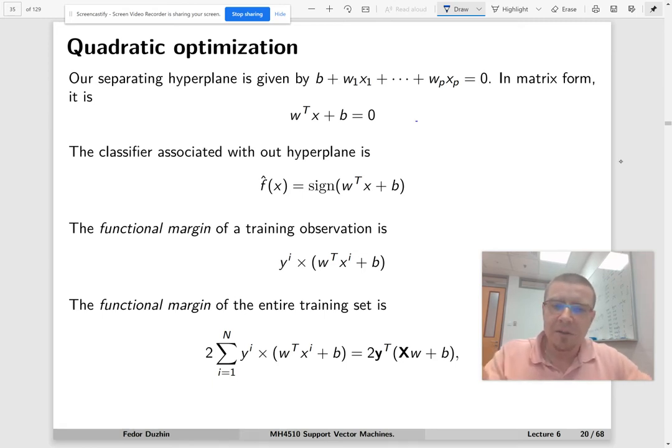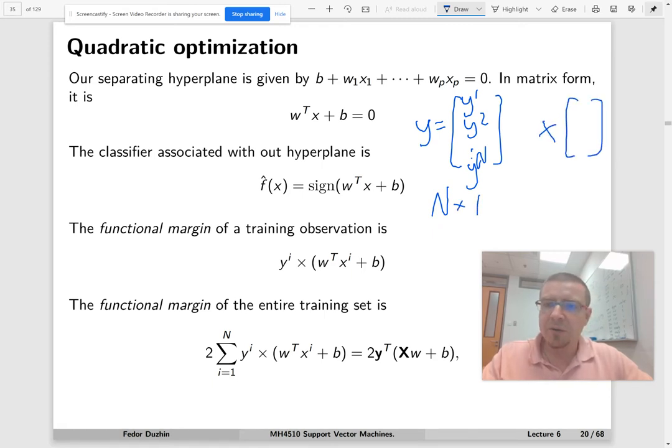Here y is the vector y1, y2, and so on up to yn, a vector of size n, and x is the matrix of our training data, where every row is one observation. So x is a matrix of size n times p. This is the functional margin of the entire training data set.